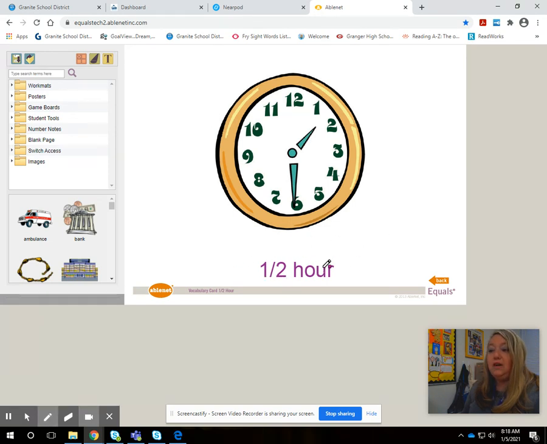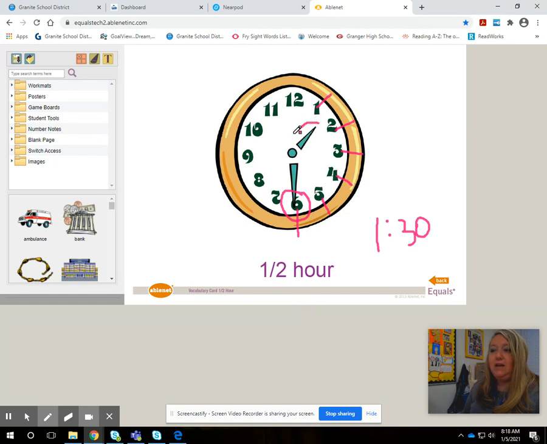So when we look at this and we write the hours, it would be whatever hour it is. So like right here, it's 1 and it's 30 because it's 30 minutes. So that's what it looks like when we're writing the time, okay? So we always know that 6 is like 5, 10, 15, 20, 25, 30 minutes, okay?